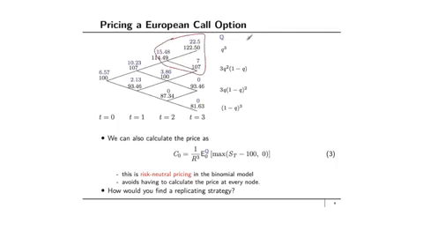I know that the 15.48 over here is equal to 1 over R times Q times 22.5 plus 1 minus Q times 7.